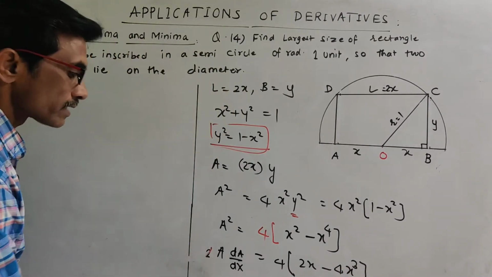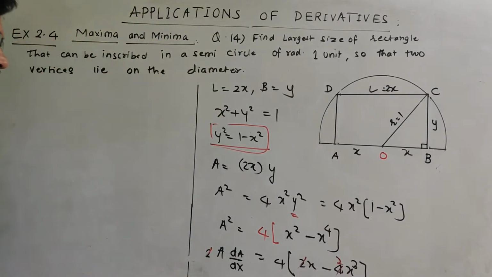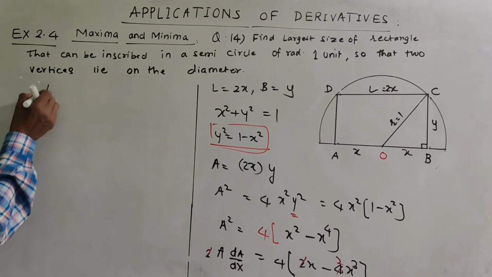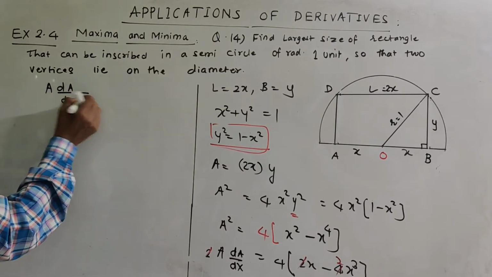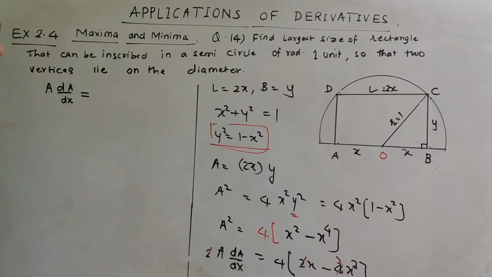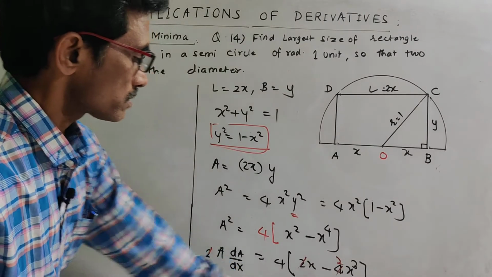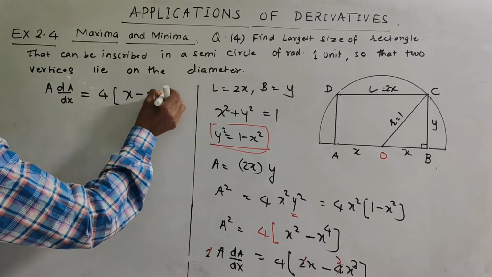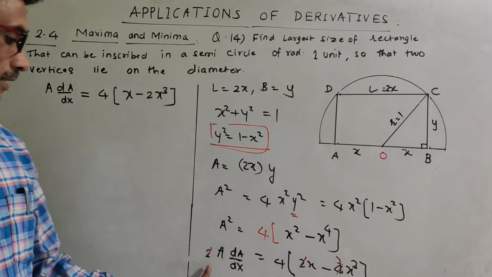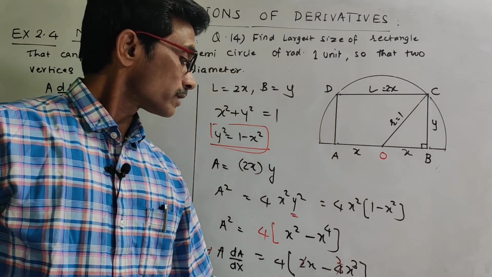Now these two we can cancel here, these two we can cancel, and what is left here? A dA by dx is equal to 4x minus 2x cube. After cancelling these two, we are getting here 4x minus 2x cube.